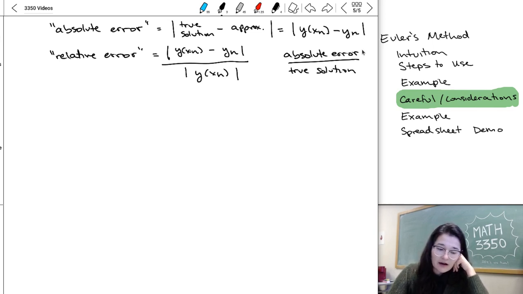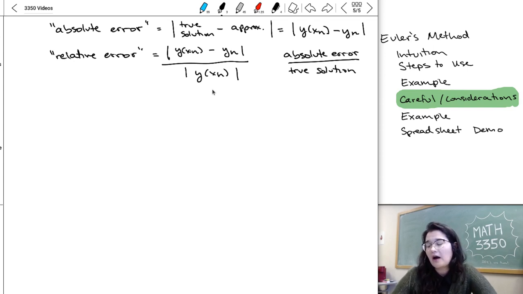And the reason we talk about relative versus absolute error is because an error of 1 is really good if my function is on the order of 100, but it's really bad if my function is on the order of 0.1. So if you're counting students at Texas Tech, if you're off by 1, that's great.